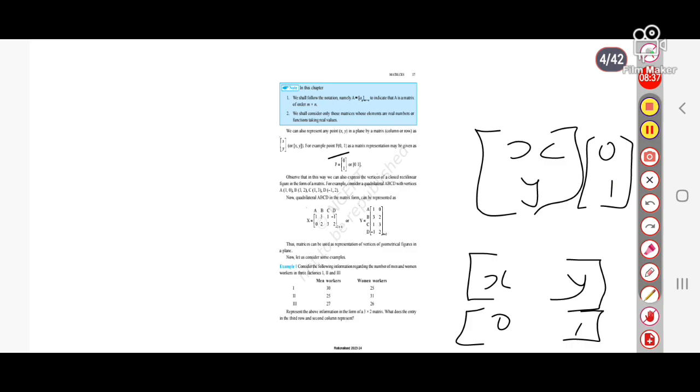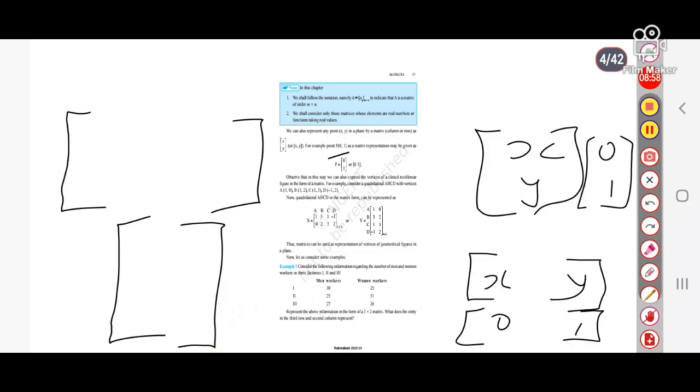Okay, then what they are telling is, ABCD, a quadrilateral with vertices they have given. Now they are asking for quadrilateral ABCD in the matrix form, right? Again the same thing can be written either this way or this way, in the row wise or in the column wise. Say for example 1 0, in the same column or in the same row.